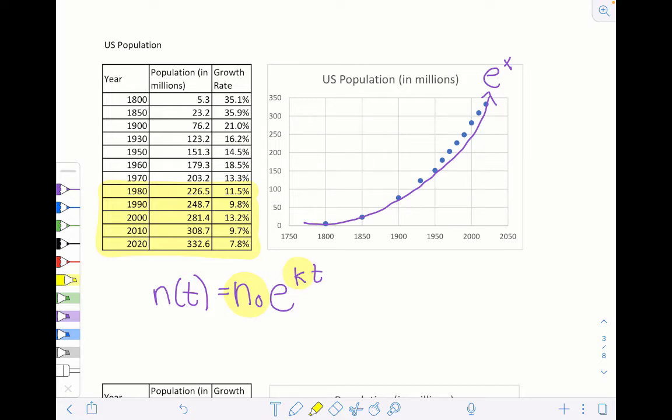If we do it this way, we would say that our initial year is 1980. You could have the t value in this case be 1980, but typically what we do is we readjust it. So what we're going to do is actually let t be the years since 1980.